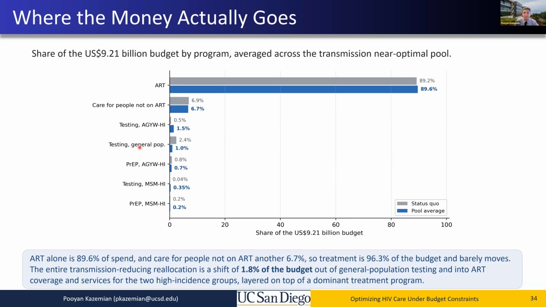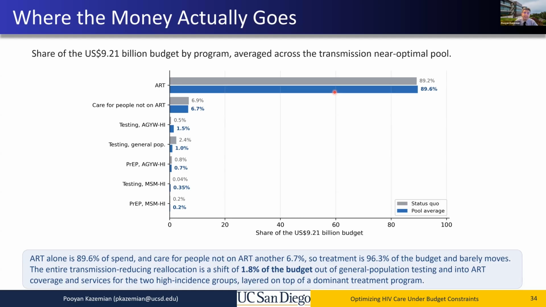Testing for general population has been reduced from 2.4% of the budget to only 1% of the budget. And then we spent this money in order to increase testing for adolescent girls and young women from 0.5% to 1.5%. Testing for MSM has increased from 0.04% to 0.35%. And ART coverage has also been increased a little bit as well.